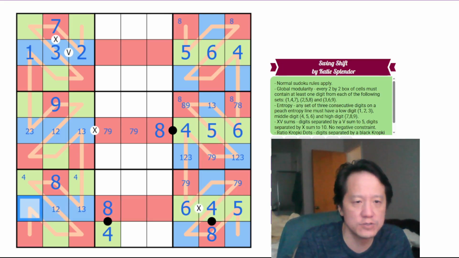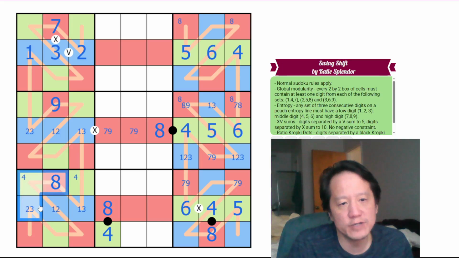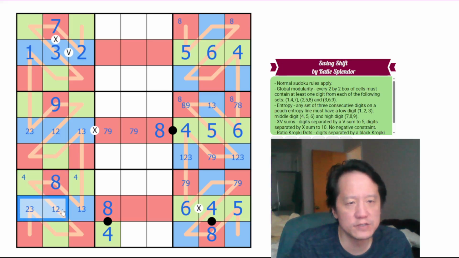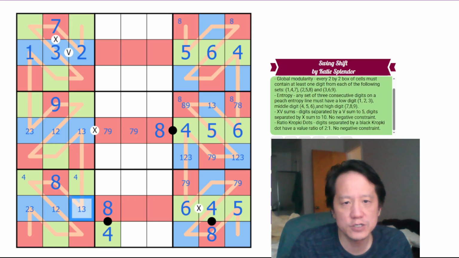This is 1 or 2. This is 2 or 3. Okay. In this 2 by 2 area, one of these is a 2. But that doesn't really tell us very much. We've got all these constraints done.